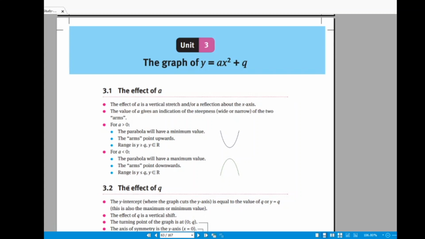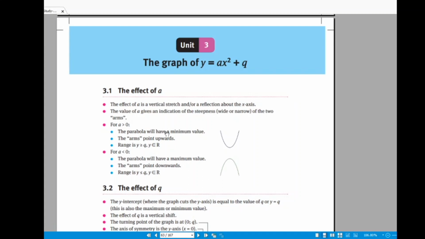For positive a, the range will be y greater than q, and when a is less than 0, the range will be y less than q.